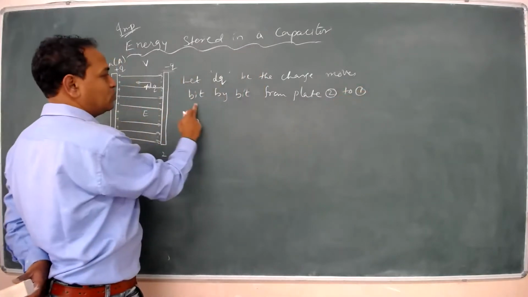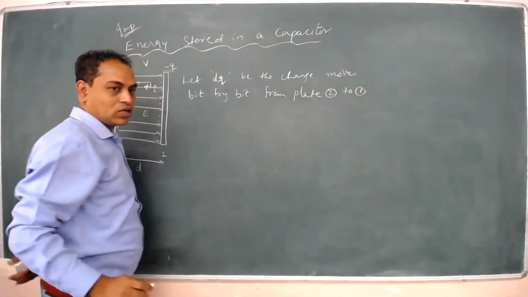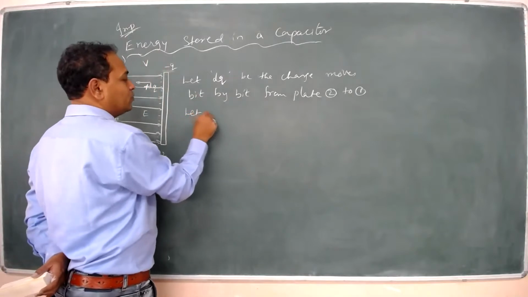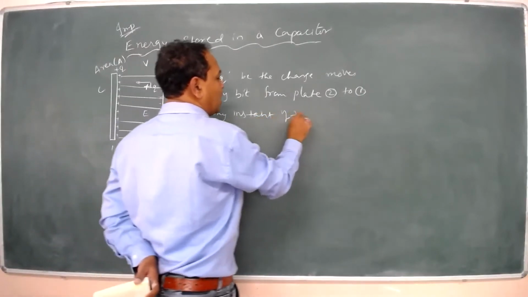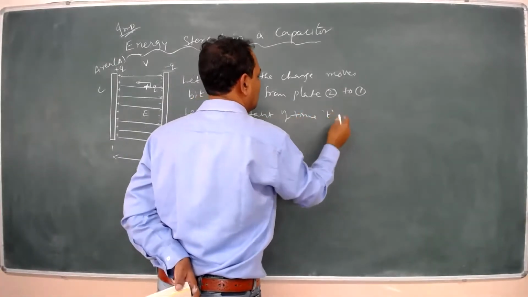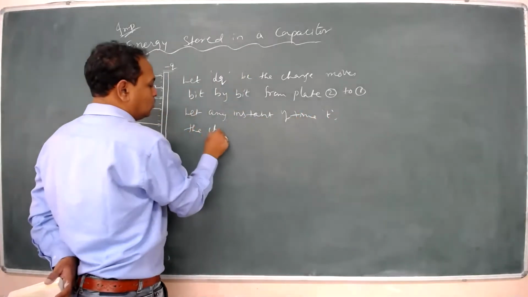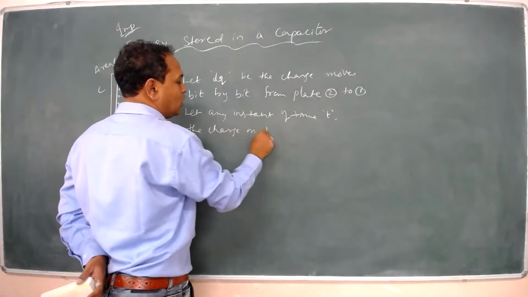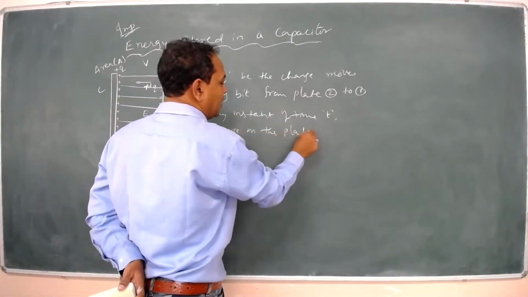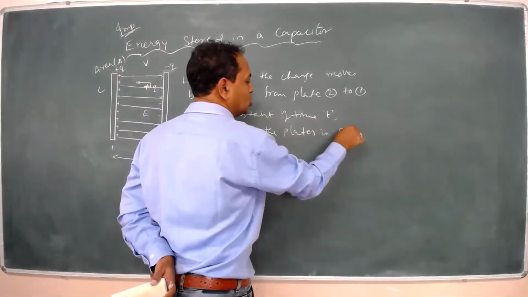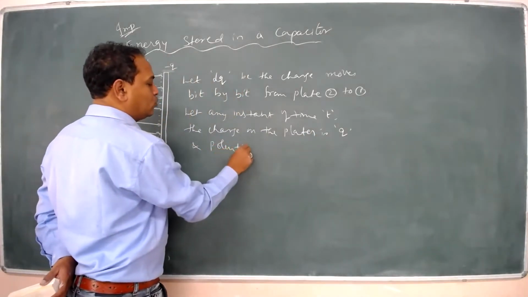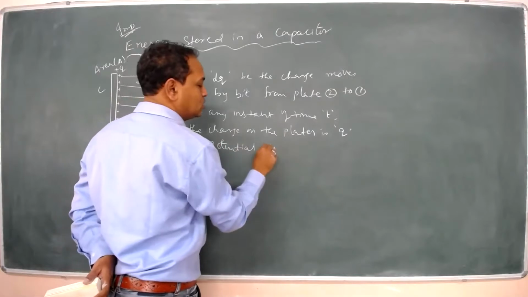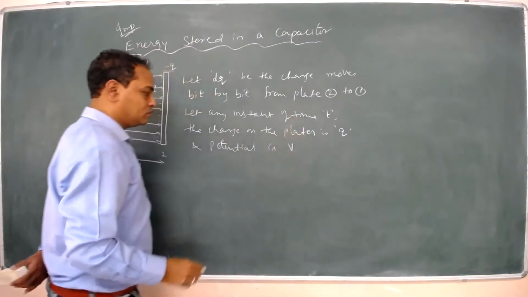So from 2 to 1, bit by bit, I am taking dq of charge. Let at any instant of time t, the charge on the plates be q, and the potential be v.